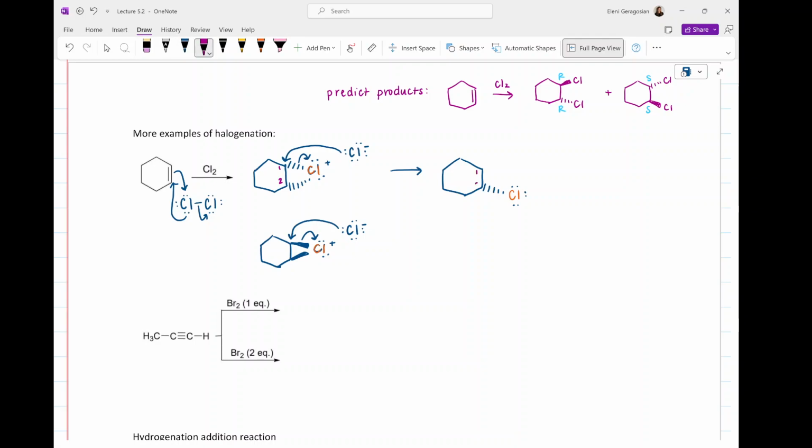I'll number these again. It's still on a dash bond. Now the Cl- that came in, I'll just leave that one drawn in blue. That one came in opposite to where that original orange chlorine was. So the orange chlorine in this intermediate is drawn on dash bonds. That blue chlorine must have bonded above the ring on a wedge.